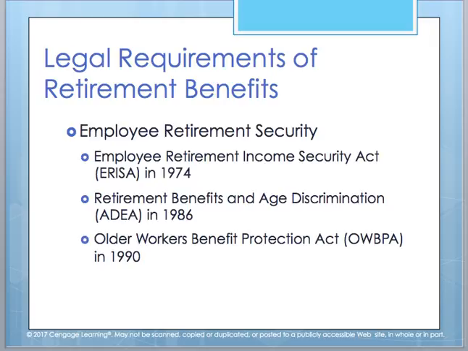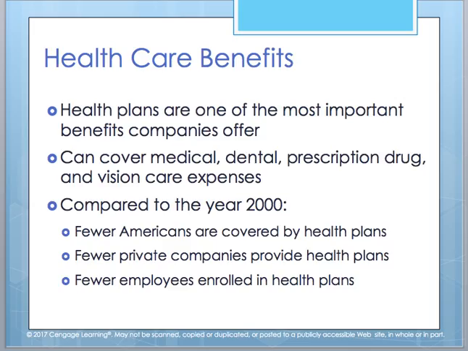ADEA is the Age Discrimination in Employment Act, and the retirement benefits and age discrimination rules were enacted in 1986. OWBPA is the Older Workers Benefit Protection Act of 1990. These things you need to embed in your mind, because they will definitely pop up on a quiz or an exam.